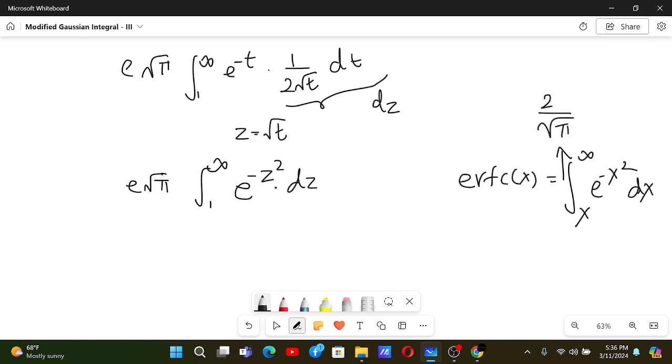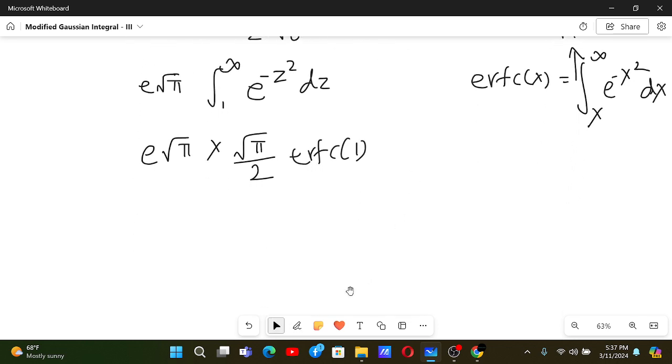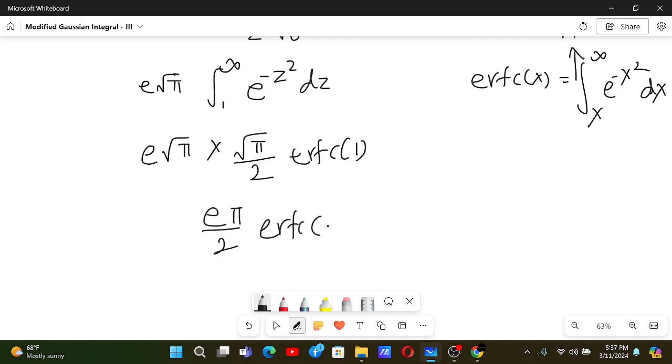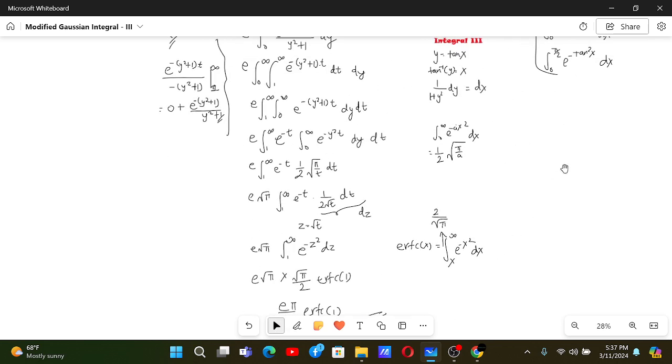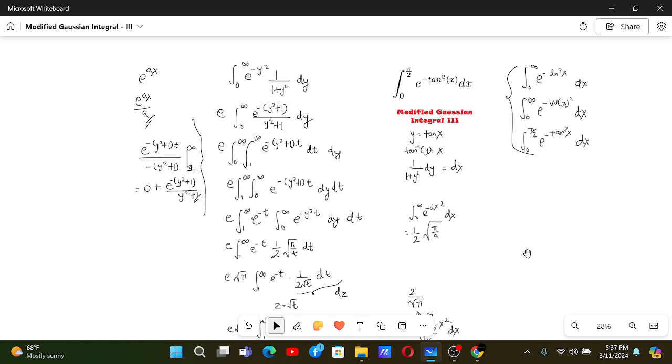So this integral over here is e root pi times root pi over 2 times the complementary error function of 1. And so we can write this as e pi by 2 times the complementary error function of 1. And that's a beautiful solution, with a beautiful solution development as well.